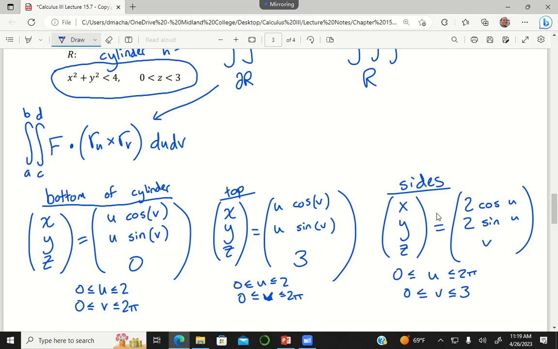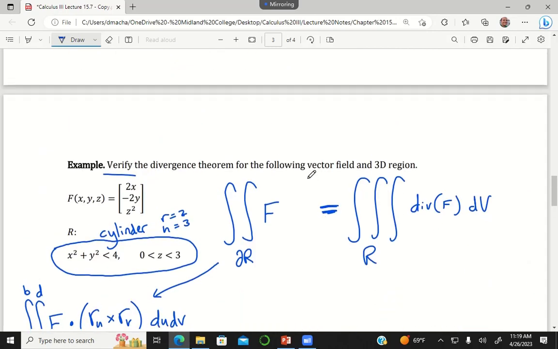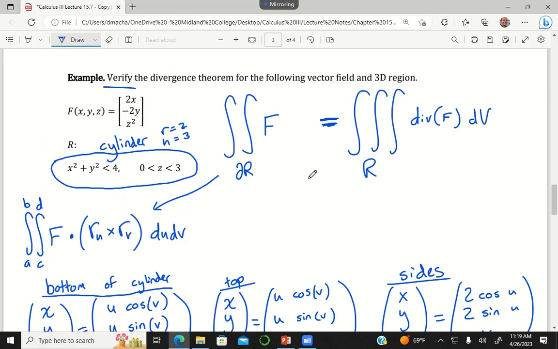So, this is probably a great time to talk about this, but if you're ever asked, what's the purpose of the divergence theorem, or what's a good application, why would you ever want to use it? It's because this is a pain in the butt surface integral to calculate, right? Like this isn't fun for me to do, this surface integral over this vector field.